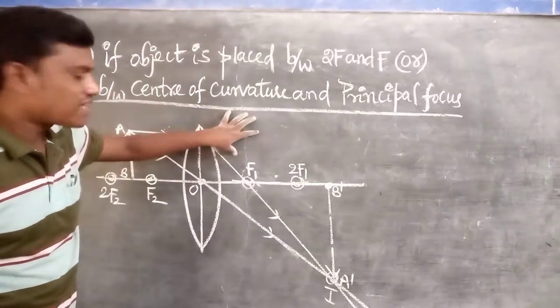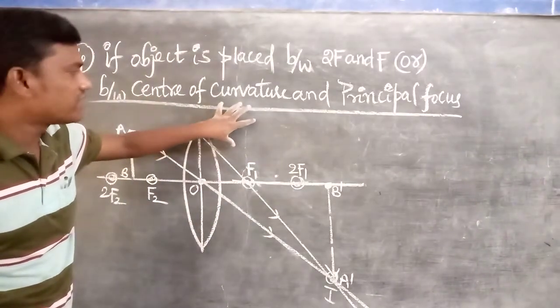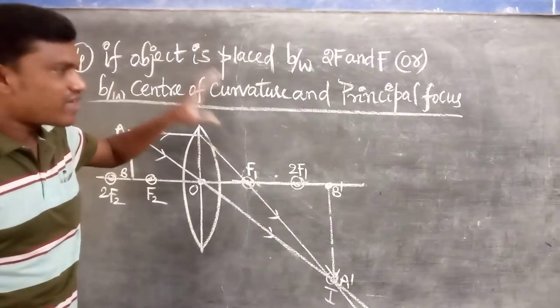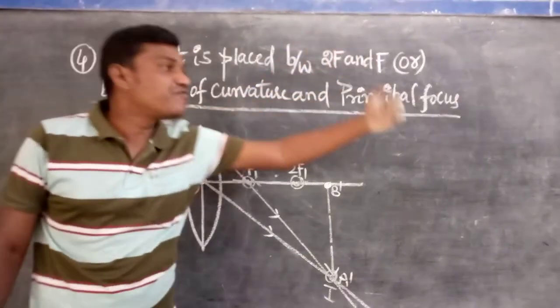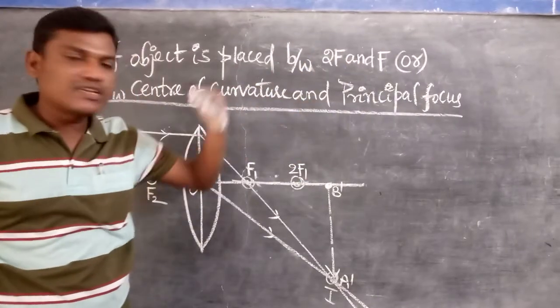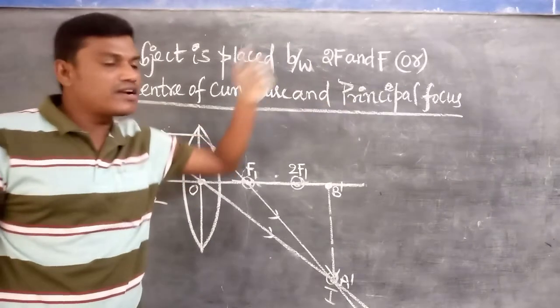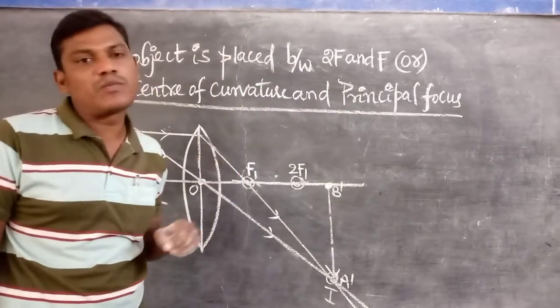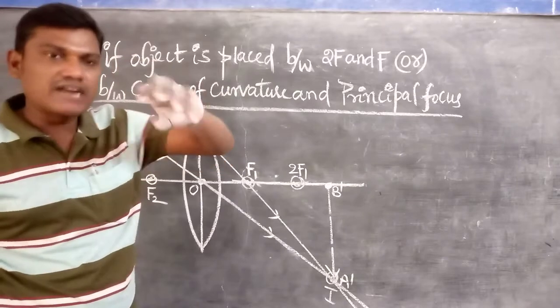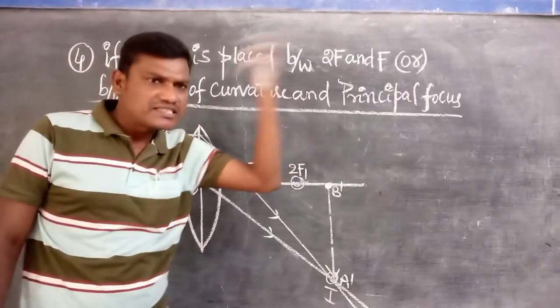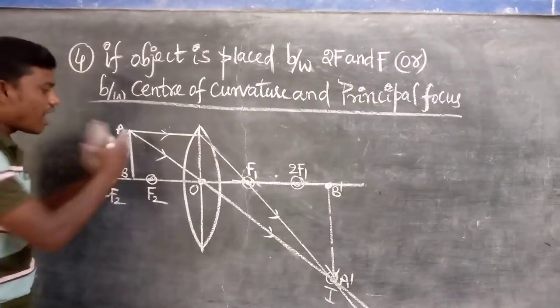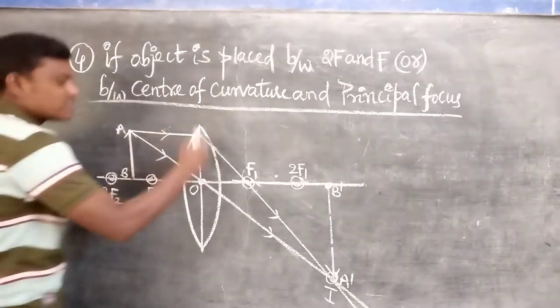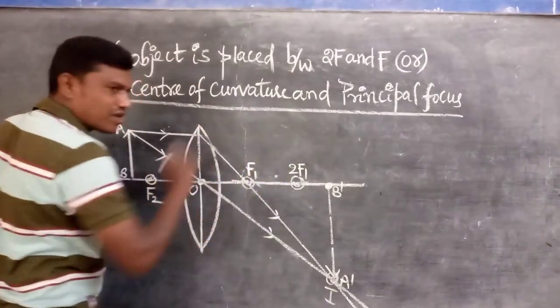So remember the second diagram, the second graphical representation: if the object is placed between infinity and the center of curvature, or beyond the center of curvature, the image will be formed between the focus and the center of curvature on the other side. The same thing applies here. If the object is beyond 2F, the image is formed between F and 2F on the other side.